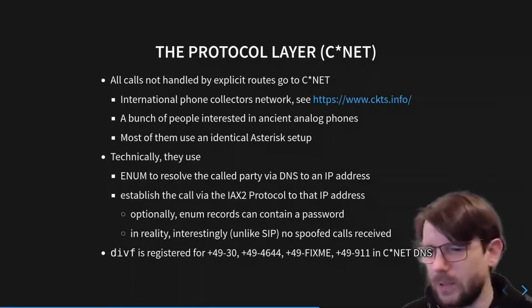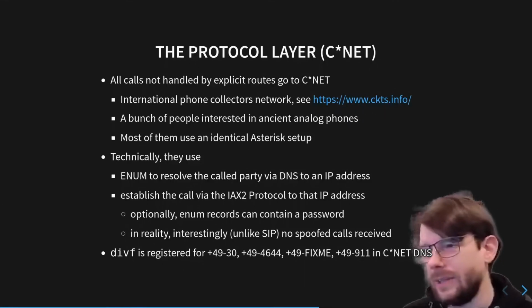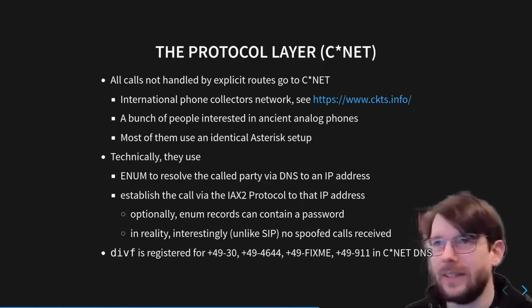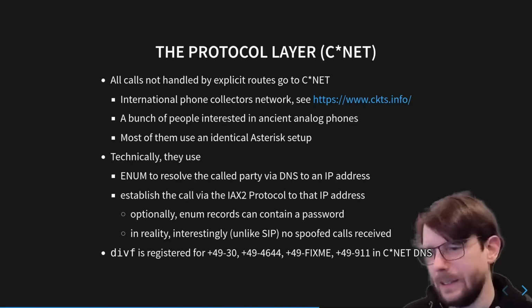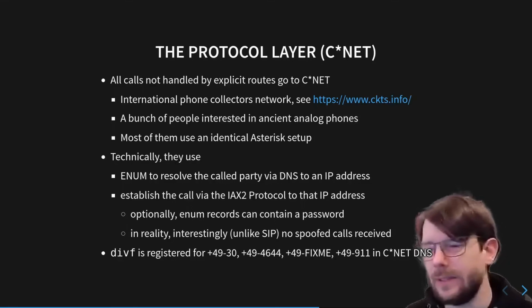So if we have an outbound call to any number that we don't serve locally in our switch, or where we don't have a direct route, it goes to the ENUM route, and it will do this DNS lookup, try to find if there's an IP address responsible for this called party number, and if yes, then it will deliver the call using IAX to that IP address that's stored in the DNS.